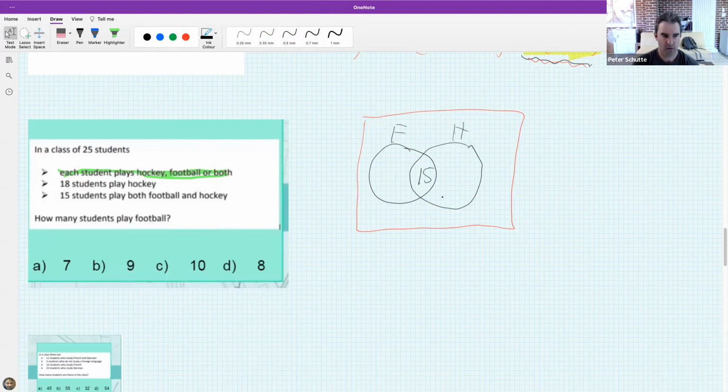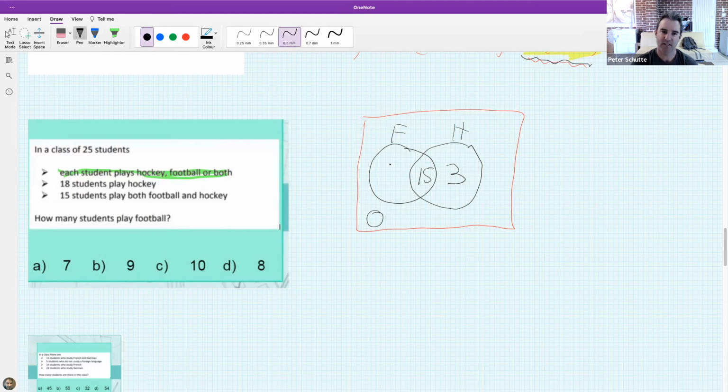So now 18 play hockey, which makes me think that this must be 3 because that's 18. Now it says 25 students in total, but they each play hockey, football, or both. So there are actually no students outside this thing, which makes these 2 circles add up to 25.